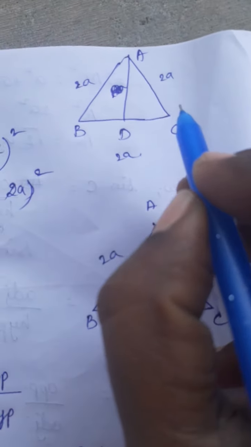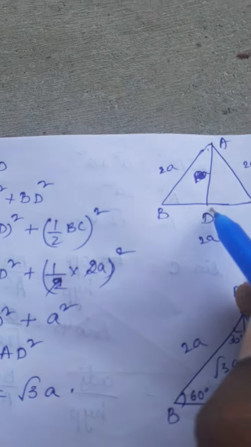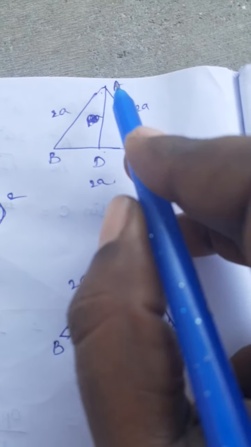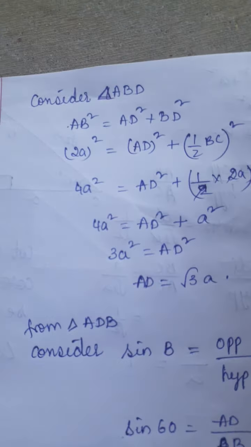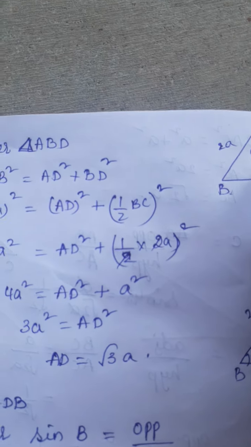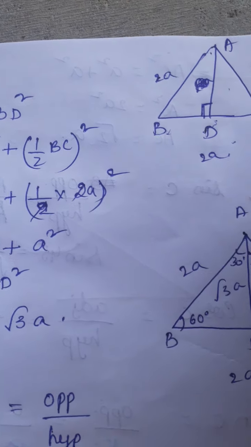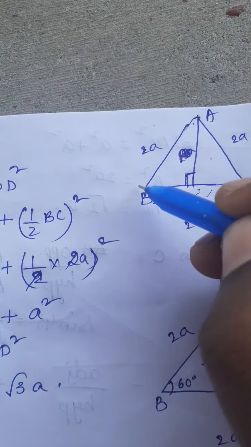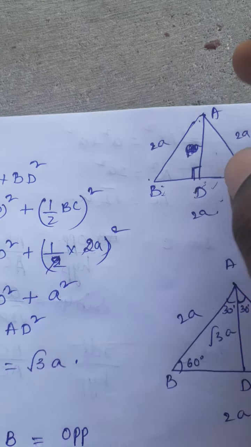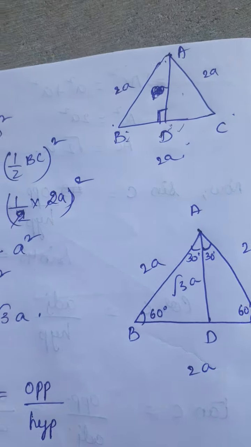Now consider triangle ADB. From triangle ABC, I have taken AD as perpendicular. So I am taking ADB now. Since it is a right angled triangle, you have the hypotenuse, and you have to find the length of the perpendicular AD.